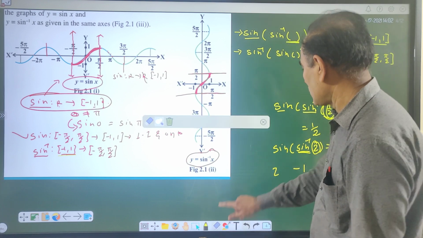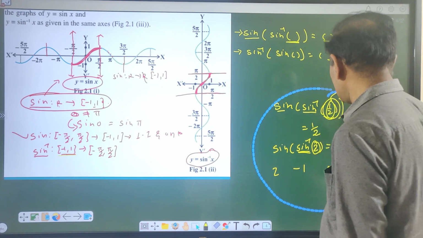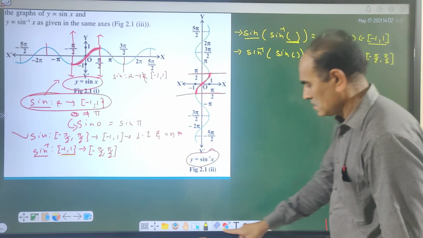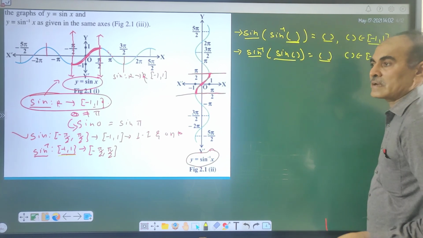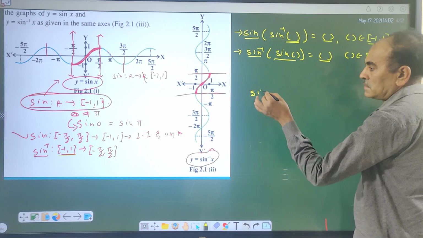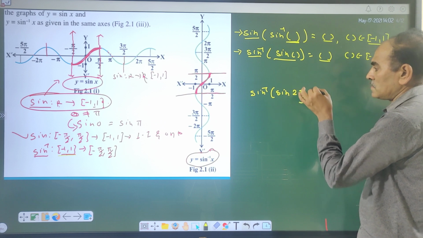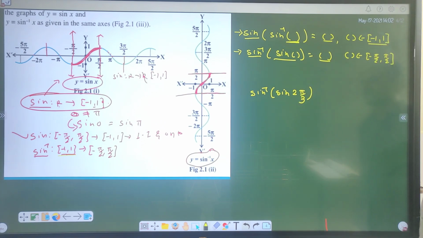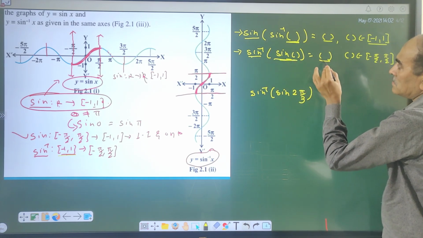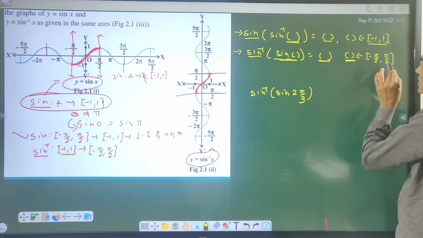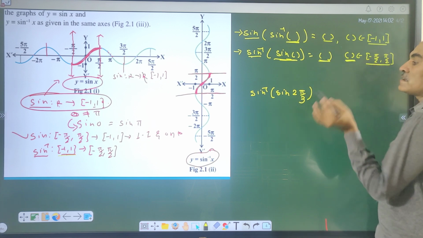Next, see here. The next part written here, which one? See, sine inverse of sine of some angle is equal to that angle. Now see, sine inverse sine, let us consider 2 pi by 3. We can write sine inverse of sine of some angle is equal to that angle only when the angle is in the closed interval minus pi by 2 to pi by 2. 2 pi by 3 is greater than 90 degrees.